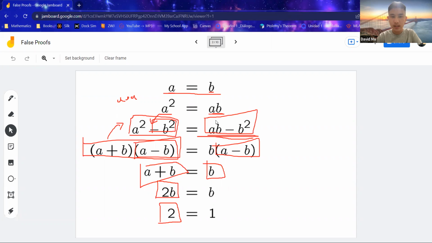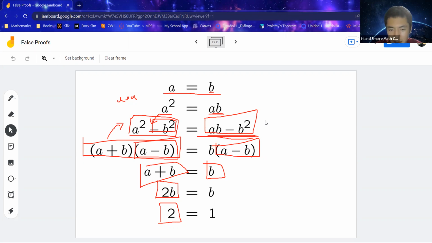Can you guys see what's the little trick we did here to create a fallacy? Wait, actually, before we move on to that, does anyone have any questions about any of the algebraic manipulations we did? For example, do you have questions about how we got b times a minus b, or anything other than that?